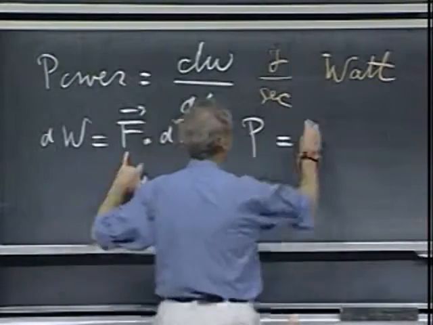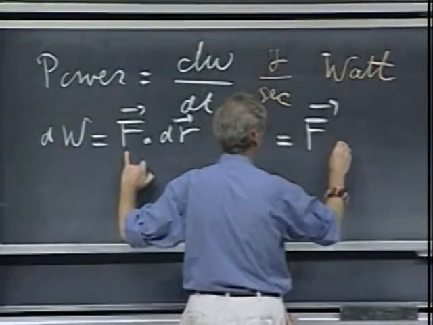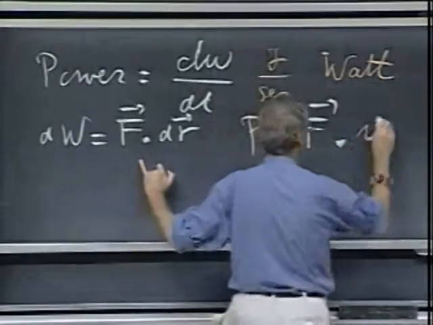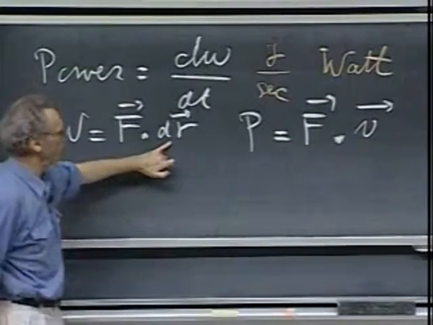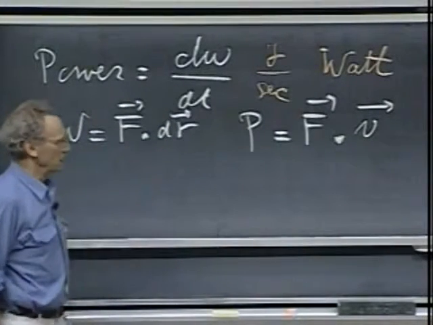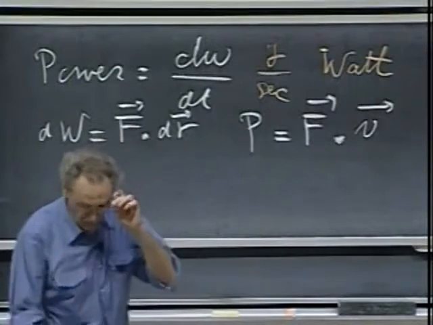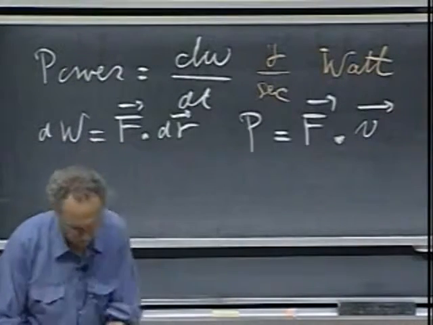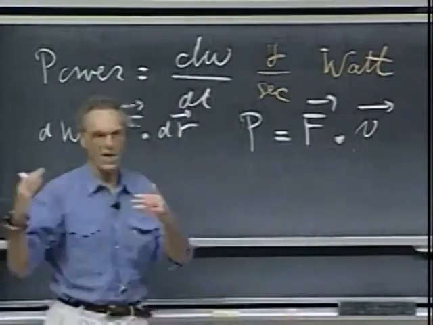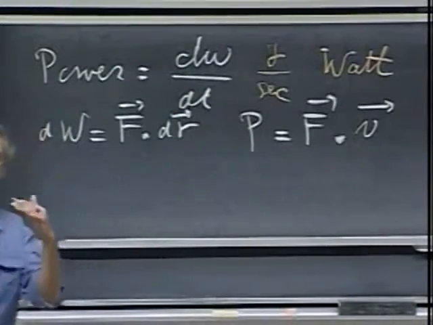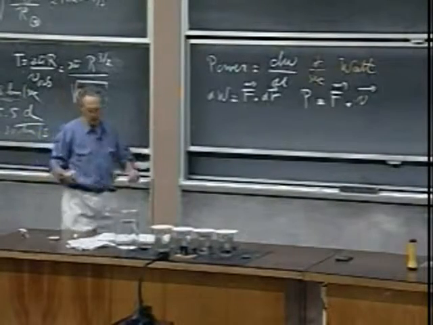If I keep the force constant for that short amount of time, it is the dot product times the velocity, because dr/dt is simply the velocity of that object. So power is also force dotted with the velocity. If the force were perpendicular at all times to the velocity vector, then the power is 0.